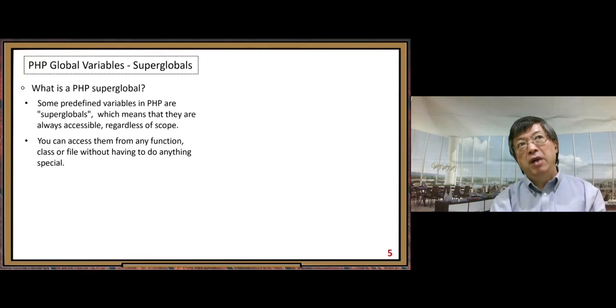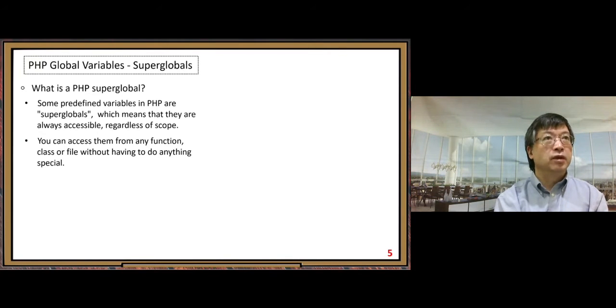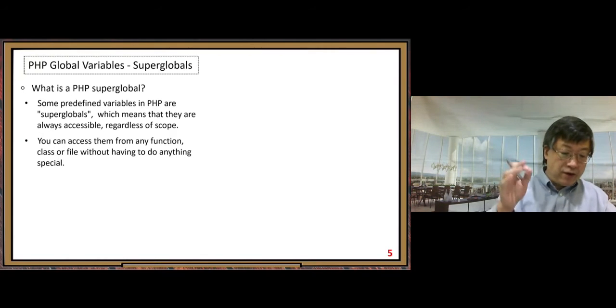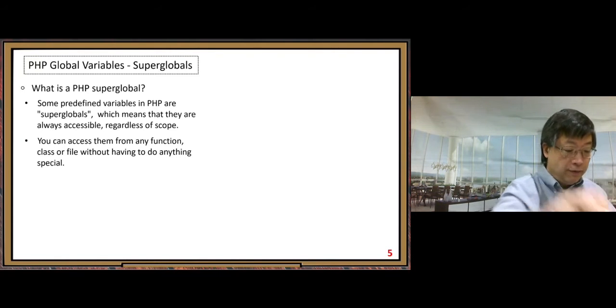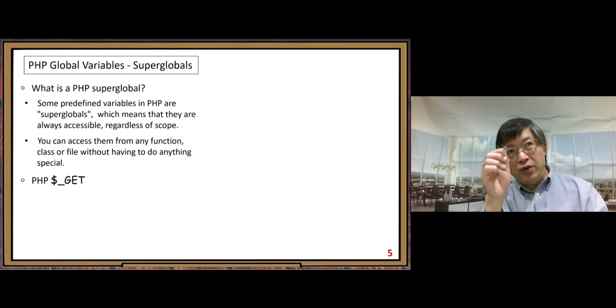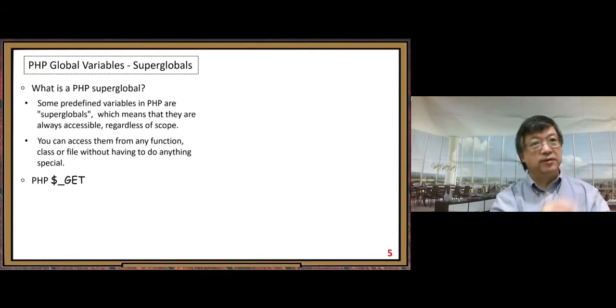For this class, I plan to use 3 super global variables. Most of the time that should be enough. If you need more, then you just study some examples. Our first super global variable is $_GET, capital GET.